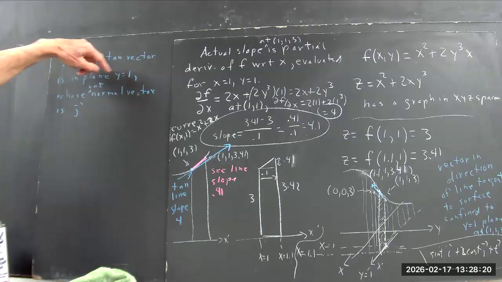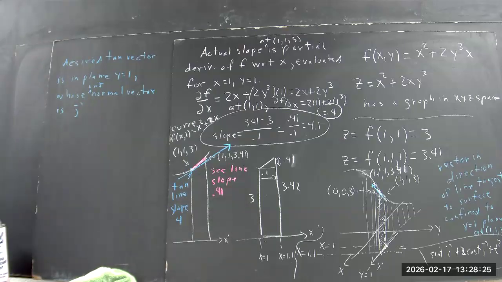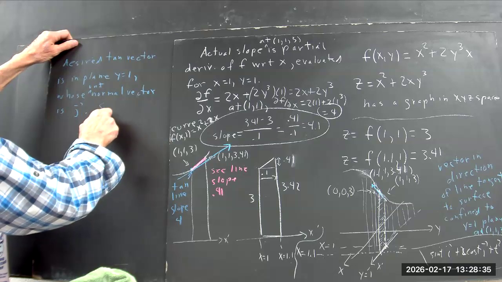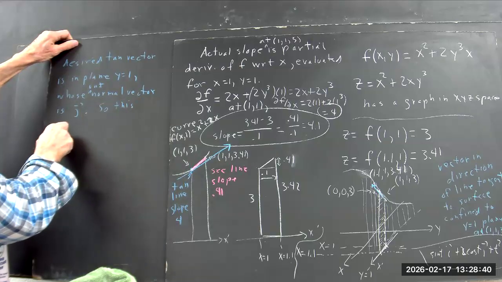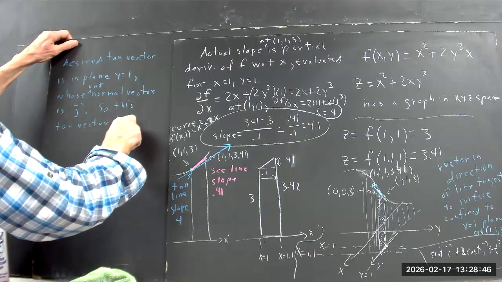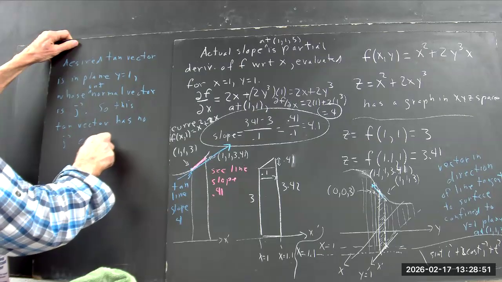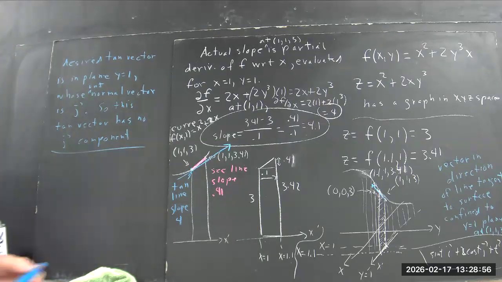The desired vector is in the plane y equals 1 whose unit normal vector is j. Could be plus or minus j, but I'll just use j because that's all we really need. So it has no j component.